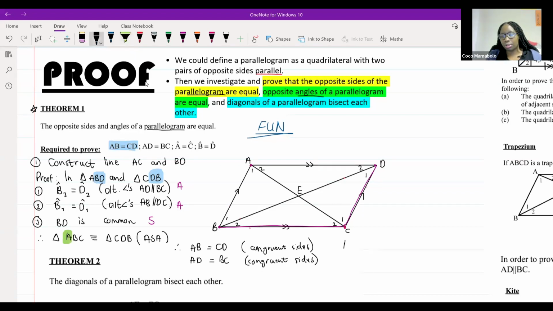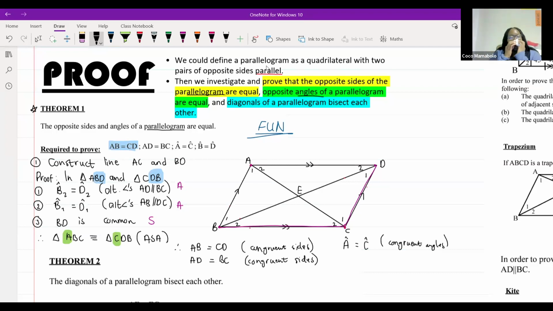Angle C. Yes, that's it. Do you see, guys, ma'am wasn't joking when she said you need to know how to map these things out properly. This means that our angles are congruent angles, which just means equal.